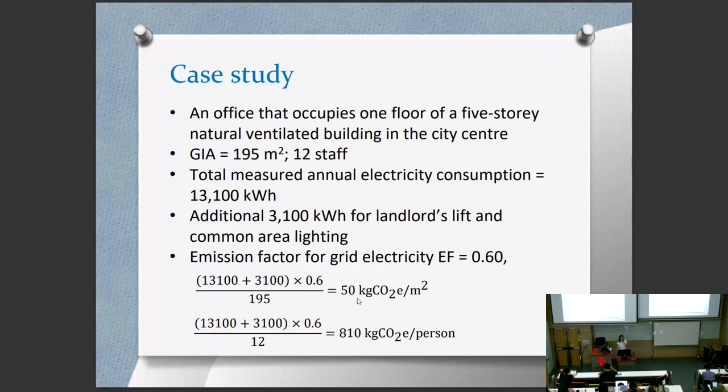So we have 50 kg of carbon dioxide equivalent for every square meter. Okay? And we can also calculate it per person. So instead of per unit area, we can also calculate the emissions per person. Just a simple calculation example.